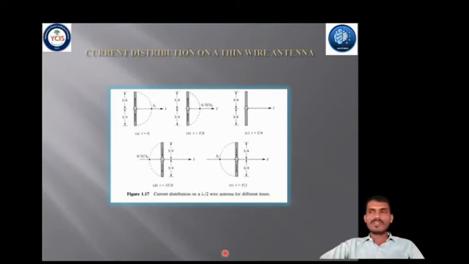His work was first published in 1873, and he also showed that light and electromagnetic waves both travel by wave disturbance at the same speed. So an electromagnetic wave travels with the speed of light, that is 3 into 10 raised to 8 meters per second, and more correctly it is 2.98 into 10 raised to 8 meters per second.